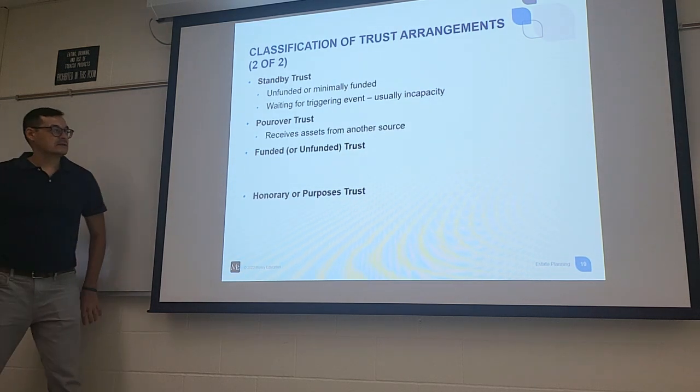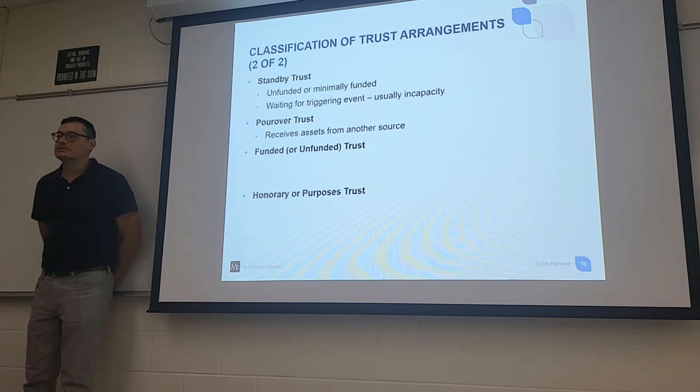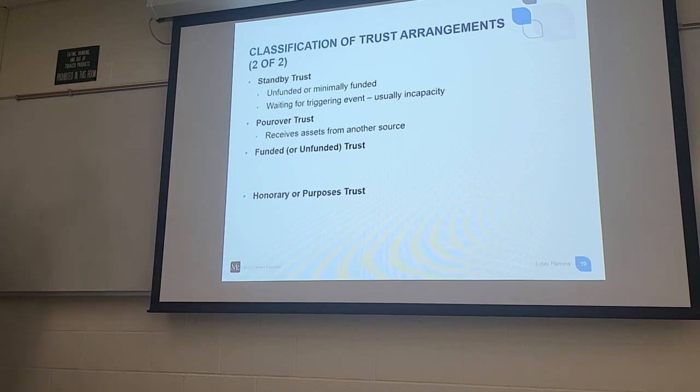Sometimes a trust will receive assets from another trust. Maybe the trust documents say the assets are not to exceed $1 million in asset value, at which point they would design a second trust to receive assets from another source.